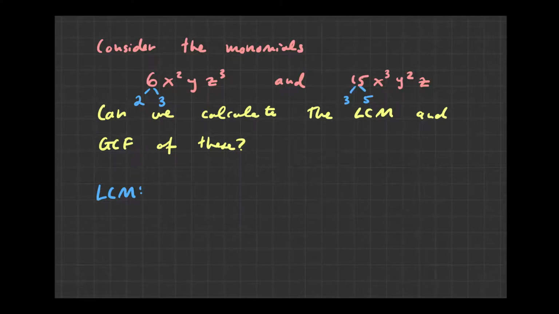Okay. So if I wanted to find the least common multiple, what am I going to look for in those two coefficients? What do I need to find?